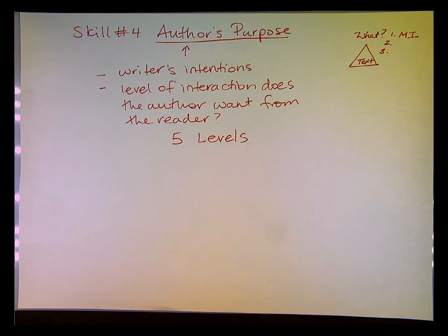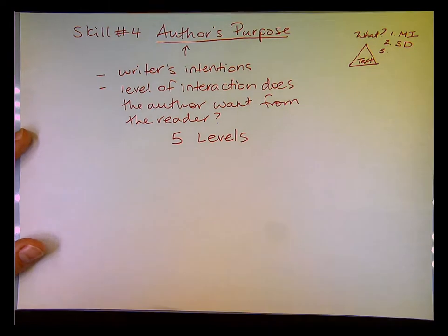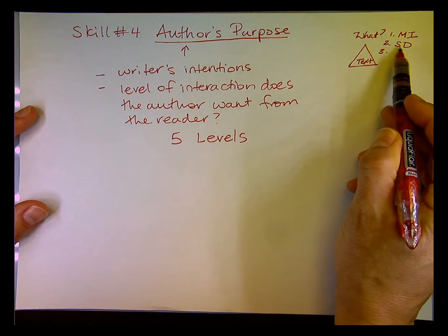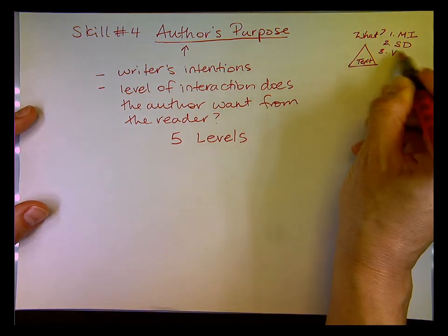And that's taking a big look at the entire picture of what's in the whole text. So it's very general. And then we zoomed in, and we looked at very specific small parts of a text. And those are the supporting details, or SD is my abbreviation for it.